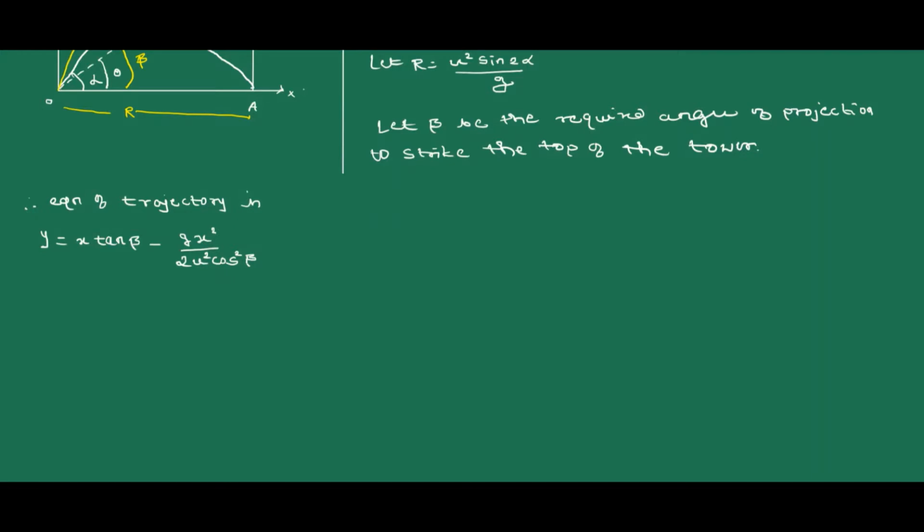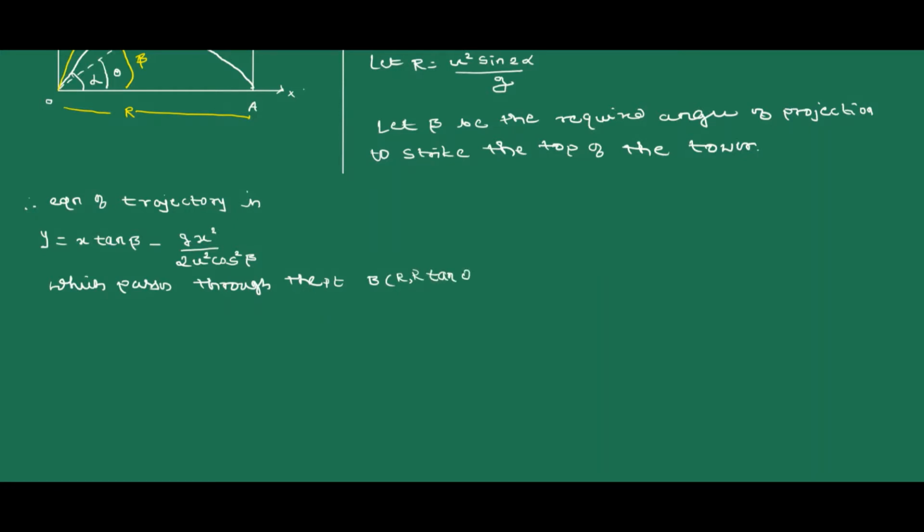Since this path passes through the point B, that is R, R into tan theta.